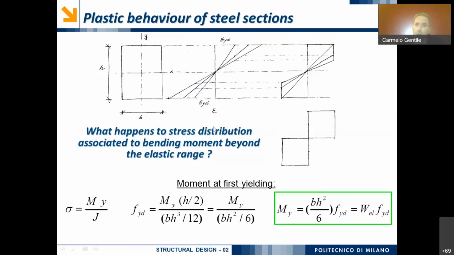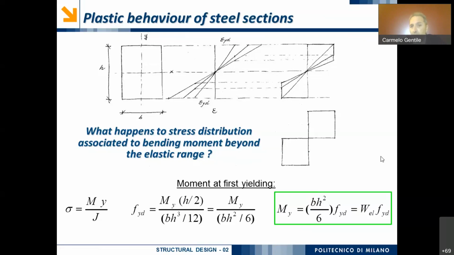First of all, of course, it is very easy to evaluate the bending moment corresponding to the yielding of the cross section, because we are still with all fibers in the elastic range. The extreme two fibers are subjected to a strain which is equal to the yielding strain, and the corresponding stress is equal to the yielding stress.